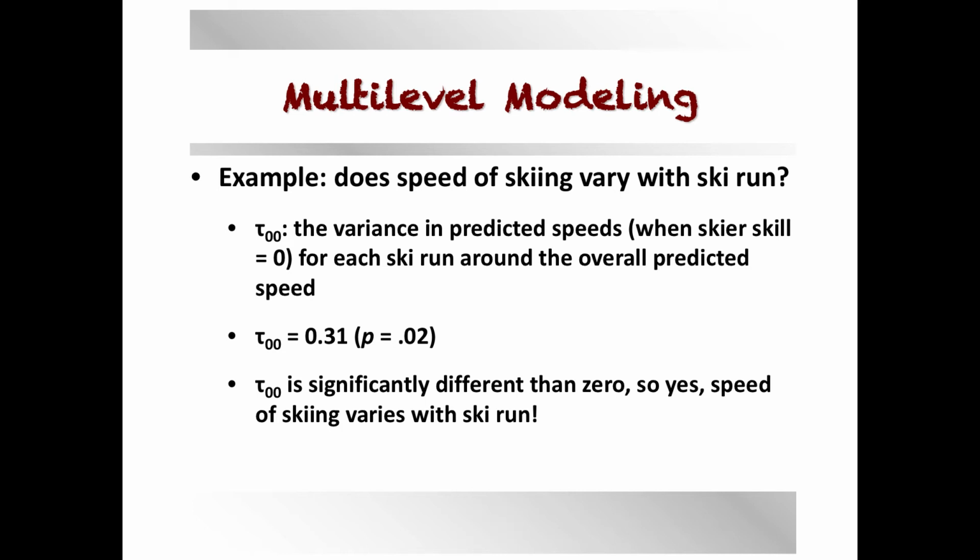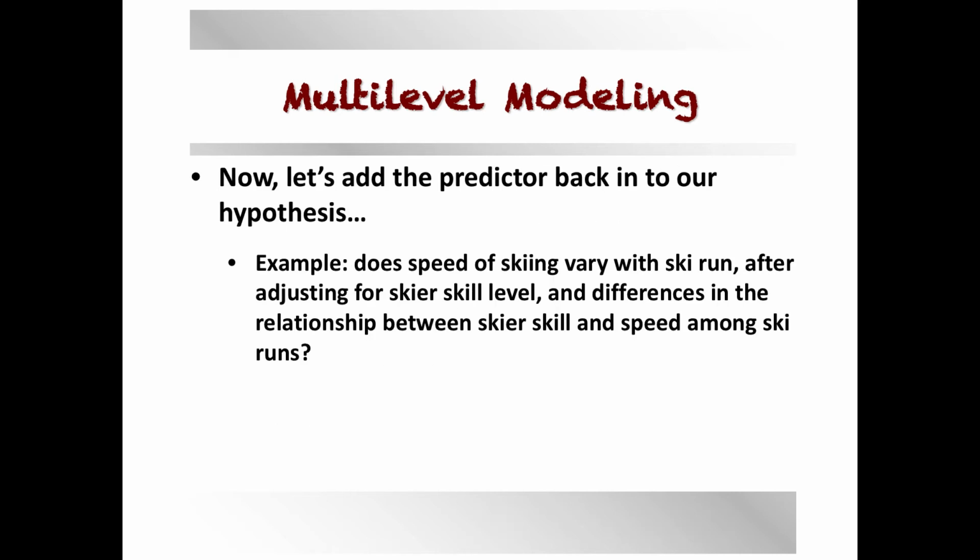That concept is going to be the same as that tau 0 value, 0.31. And then SPSS will test to see if that value is significantly different than 0. In this case, it is. And so, yes, speed of skiing varies with ski run, and we have a preliminary indication that the multi-level framework is appropriate and is helpful and necessary in this case, because there are differences across ski runs.